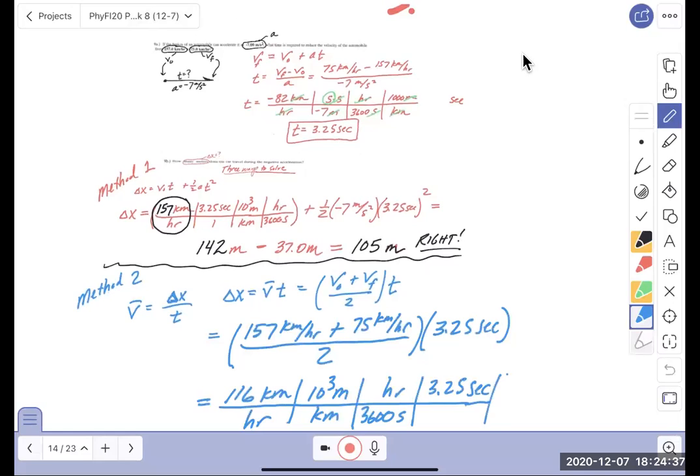When I do the math there, that should give me 105 meters. So you see, that's a little easier than doing it the other way. Both ways work. Okay, I've got to get my dog here, and then I'll take care of her, then I'll come back and do the third method.